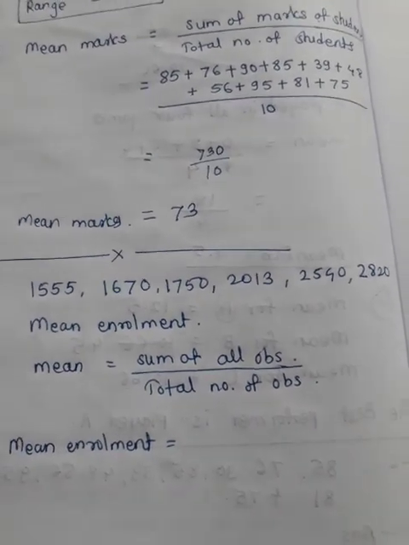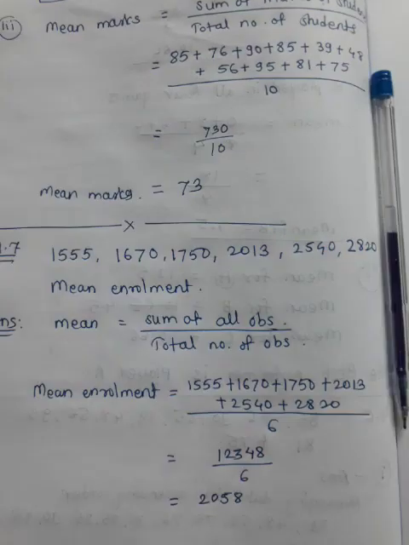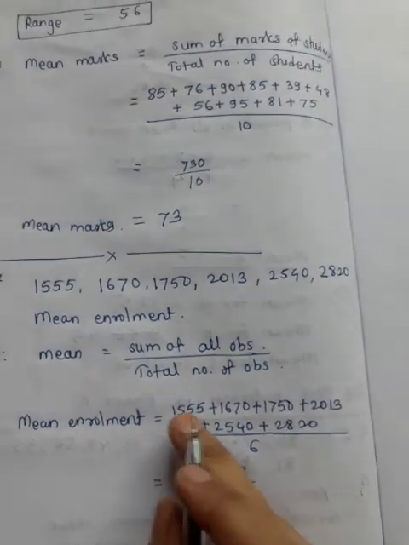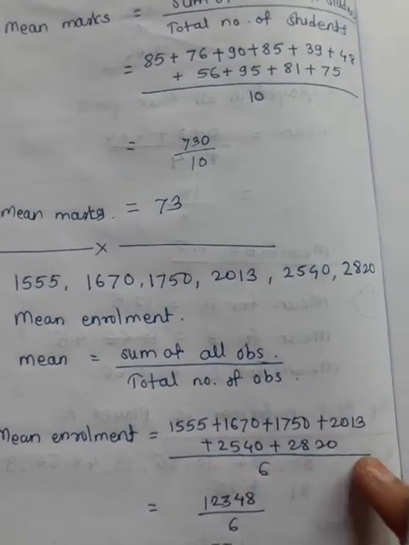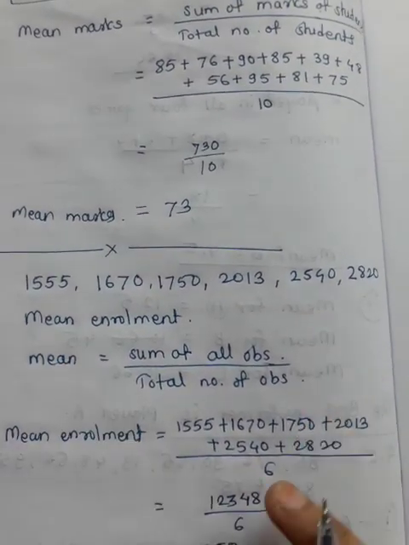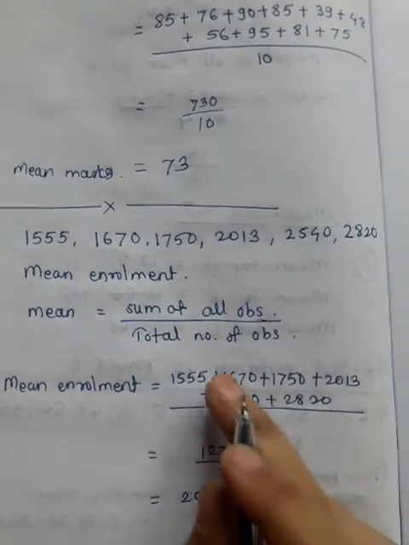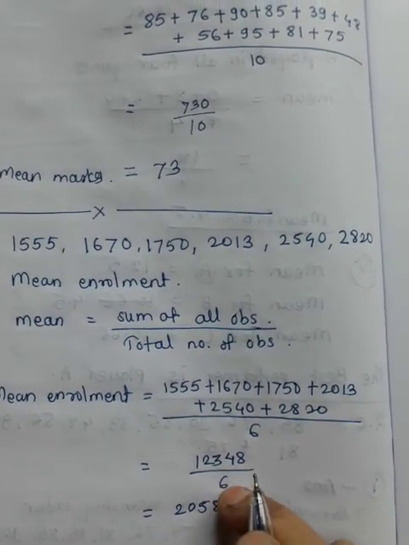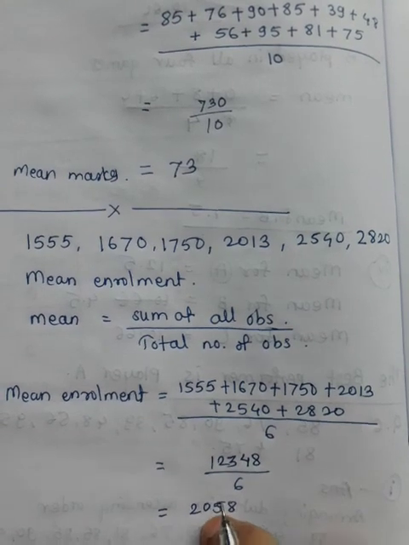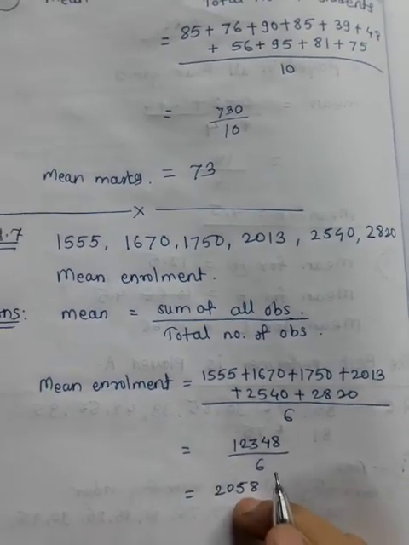Adding all the enrollments in the school, we get 12,348, and dividing by 6 we get 2058. So the mean enrollment in the school is 2058.